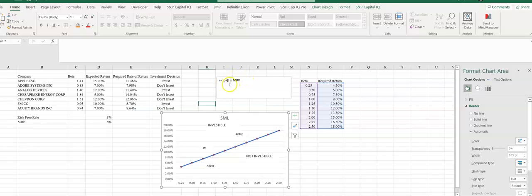So if the macroeconomic environment remains the same, but if for some reason, for instance, the Adobe Systems price goes down, because people are not going to be buying this stock, and since expected returns are lower than the required rate of return, a lot of people would like to sell this. When they sell it, the share price is going to go down, and the declining share price might increase the expected return to a higher point where this becomes investable at some point. But as it is now, Adobe is not investable with these parameters.